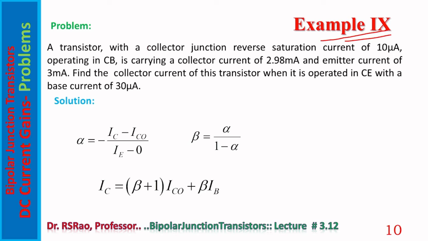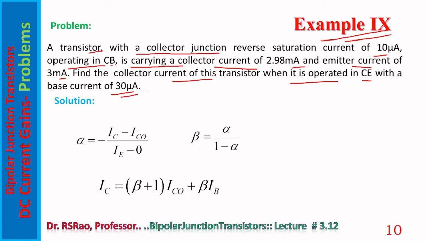Example 9. Another problem. A transistor with a collector junction reverse saturation current of 10 microamperes, operating in CB, is carrying a collector current of 2.98 milliamperes and emitter current of 3 milliamperes. Find the collector current of this transistor when it is operated in CE with a base current of 30 microamperes.